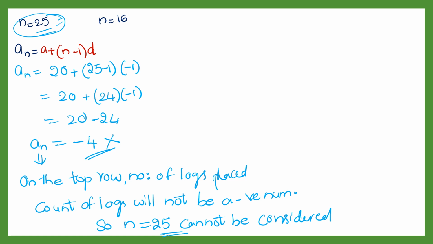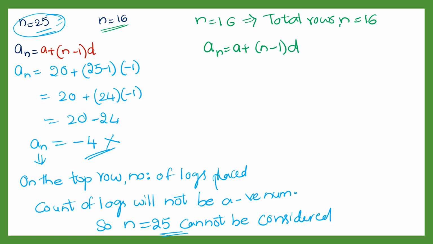The other option is what? N is equal to 16. Let's take this also. N is equal to 16 means total rows in which logs are placed is equal to 16. Now if you use the same formula, an is equal to a plus n minus 1 into d, use n is equal to 16 and find the value of an.